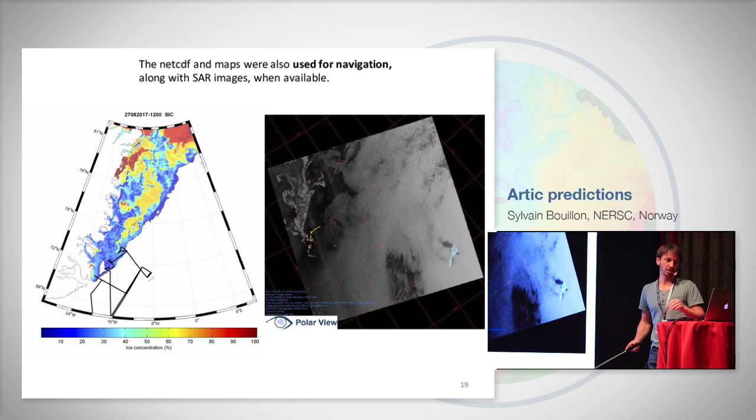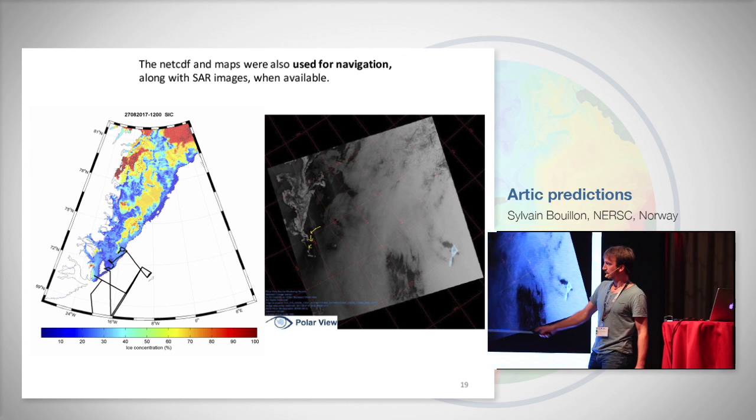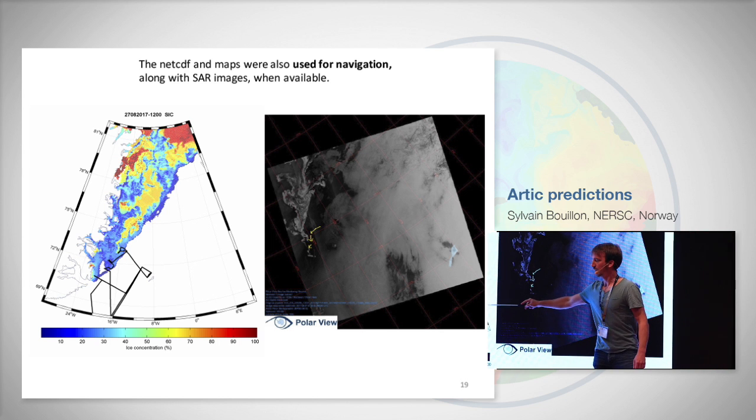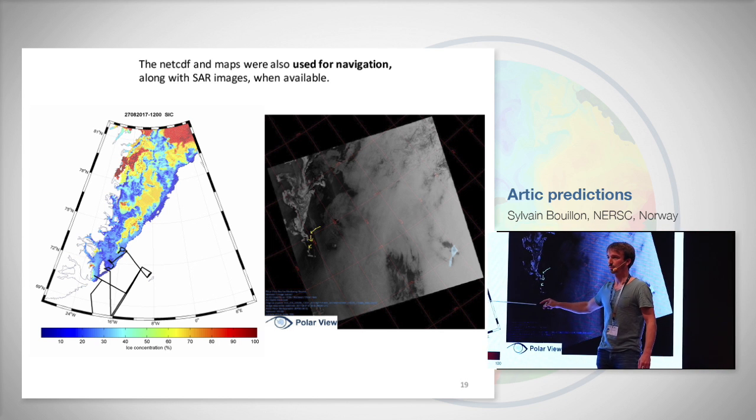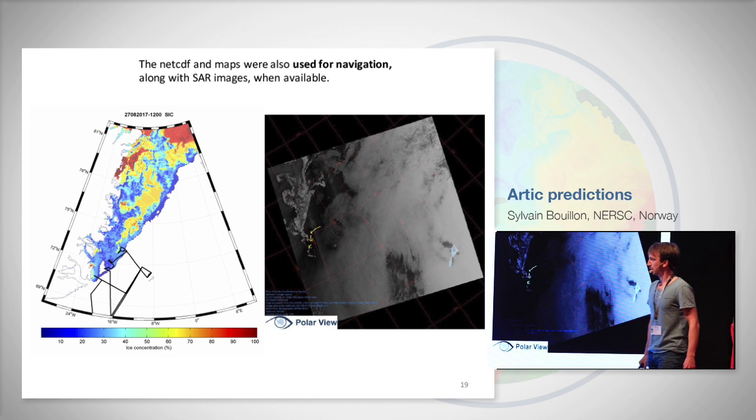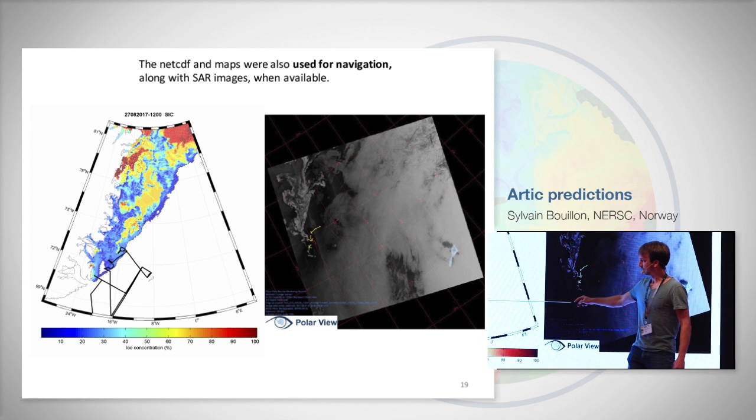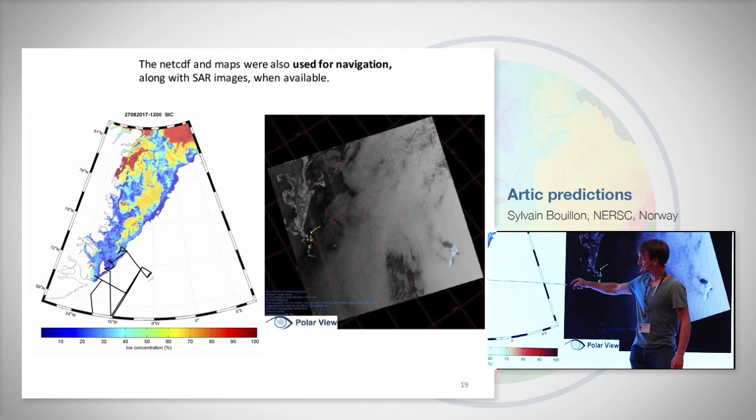So they decided to change the plan, and they went to Jan Mayen Island instead to do some measurements. But then they were really motivated to go west, so they went west, but they reached this band of highly concentrated ice.